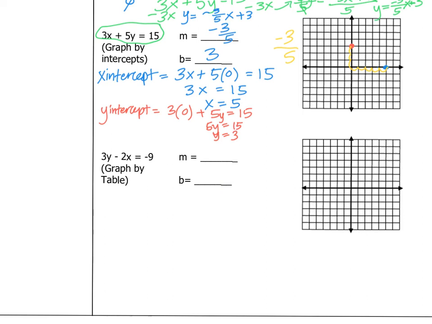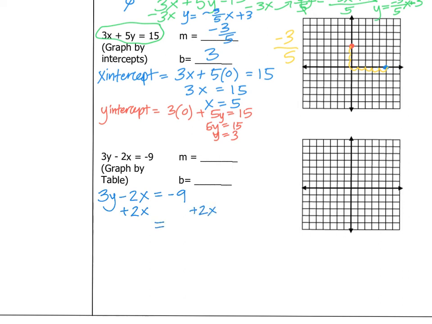All right, so for this last one, I'm going to graph by table, and I'm going to show you how to do that. Before I do that, this is not in slope-intercept form, so the first thing that I want to do is get it in a form so that it reads y equals mx plus b. So the first thing I need to do is add 2x to both sides.